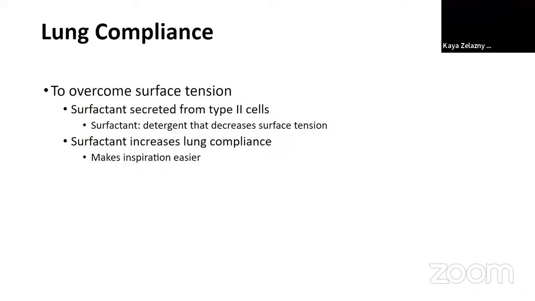So it's just going to break up that collection of molecules so that they don't interact as much. This means that if we have more surfactant, if we have more of this substance that breaks up the surface tension of those water molecules, it makes our lungs more compliant and it makes it easier to breathe.